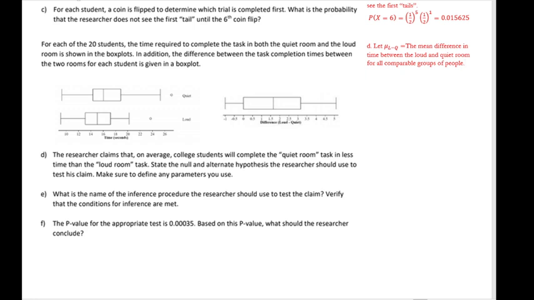So with that, our null hypothesis is that the mean of L minus Q is 0. Our alternative hypothesis, our H sub A, would then be that our mean of loud minus quiet is greater than 0.